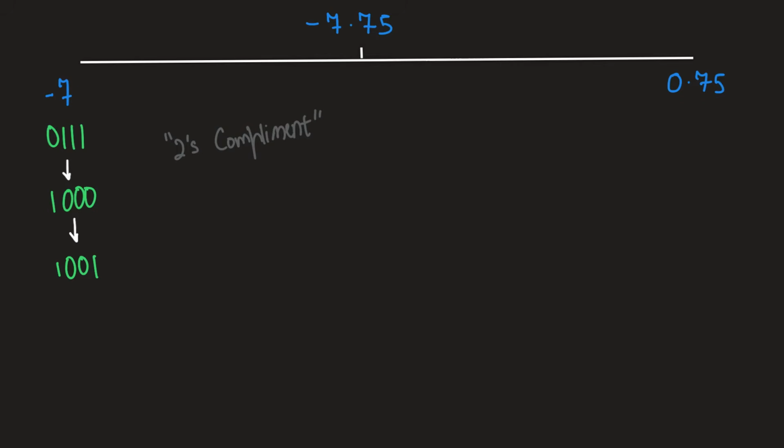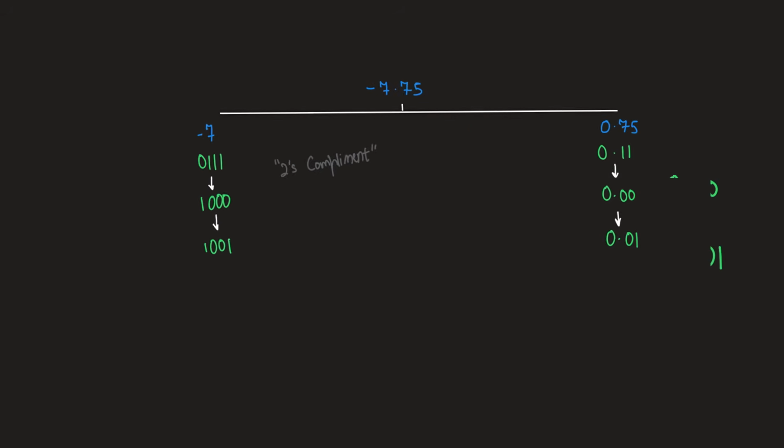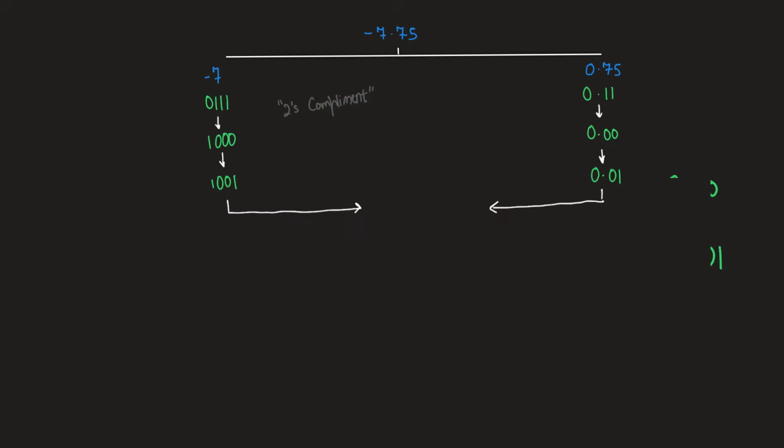Let's do the same thing with 0.75. 0.75 can be written as 0.11. Let's flip the bits. This will give us 0.00. Now let's add 1. This gives us 0.01. Now join the two binary parts to get 1001.01.